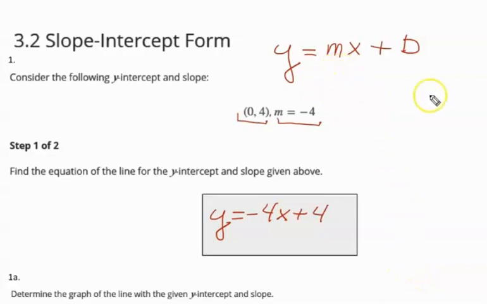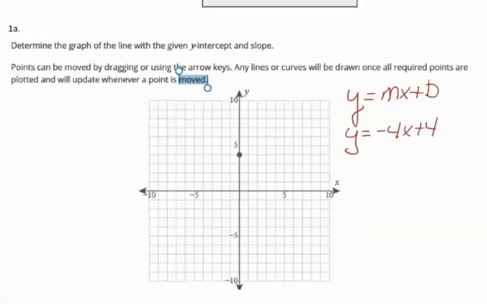So again, for this one, something relatively easy to start with. What we're asked now is to graph this using techniques that we went over. Notice that the y-intercept, a +4, is already listed as a dot.